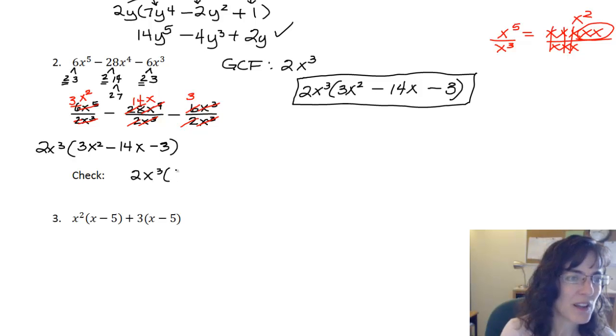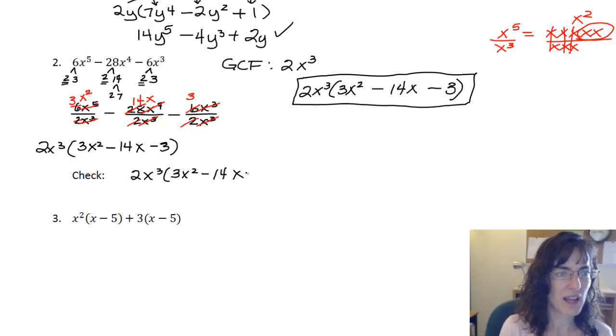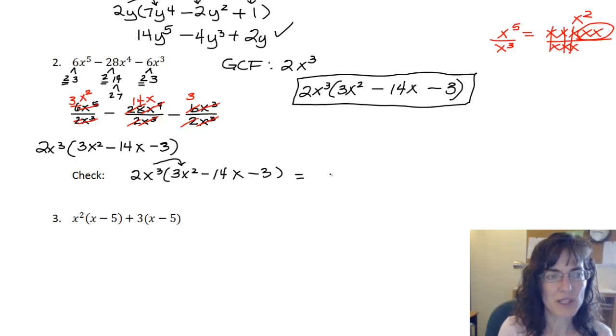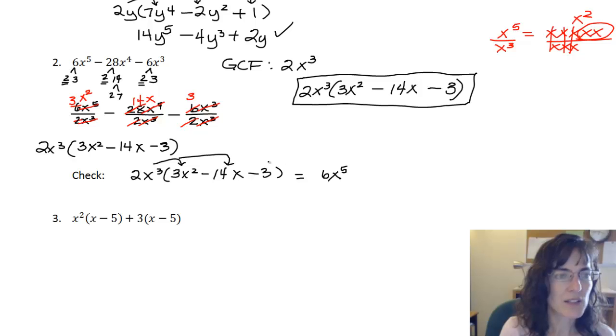2x cubed times 3x squared minus 14x minus 3. So I want to distribute. That first product is going to be 2 times 3, or 6, x cubed times x squared. So I have 5 x's all together being multiplied. And then we'll distribute to the second term.